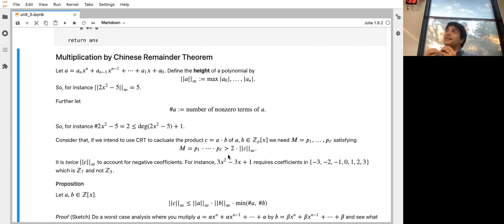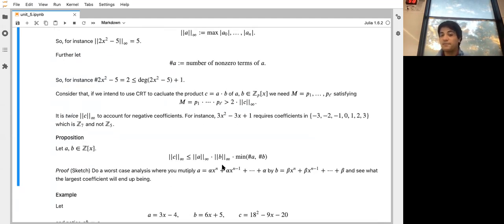Okay, but it's backwards reasoning or circular reasoning to say, well, I don't have the product. How am I supposed to stop on this bound? Well, we can estimate what the bound should be. The largest coefficient that can appear in the product of two polynomials, A and B, turns out to be bounded by this expression.